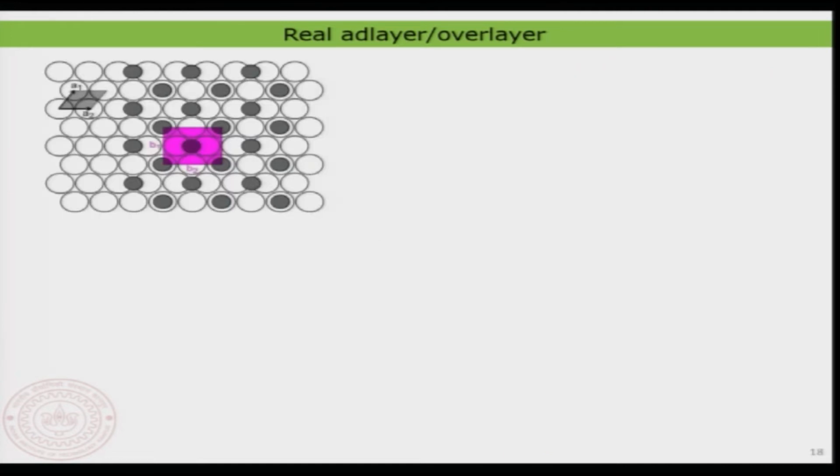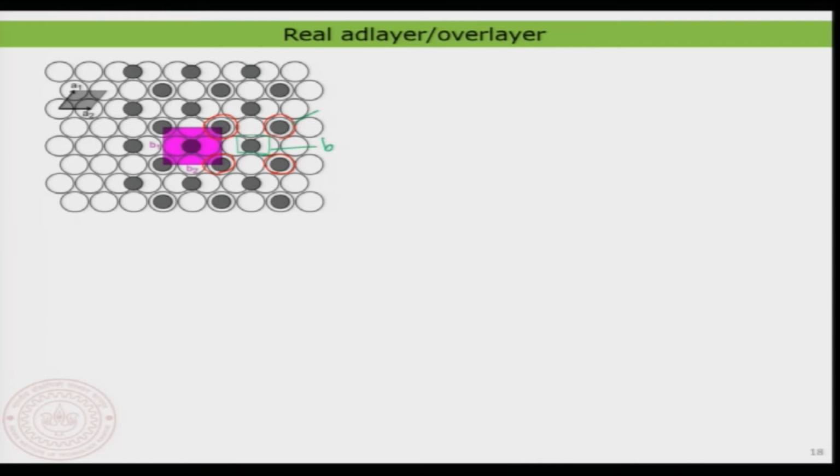Now comes the interesting aspect. I want to put one more interesting aspect into the Adlayer, and when you look at this, it is very striking. Not every atom is occupying the same site. These atoms that I am marking are of course occupying an atop site, but this particular atom that I am marking with green color is actually occupying a bridge site.